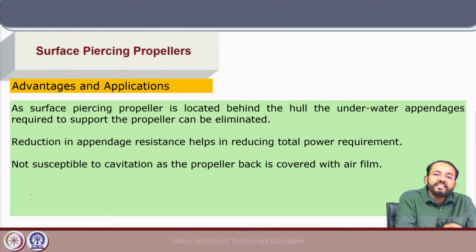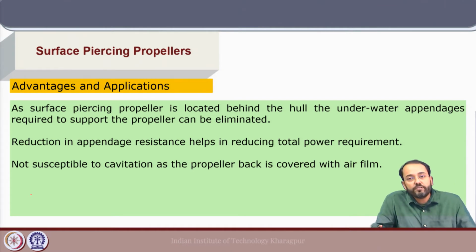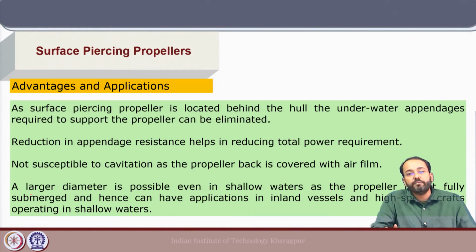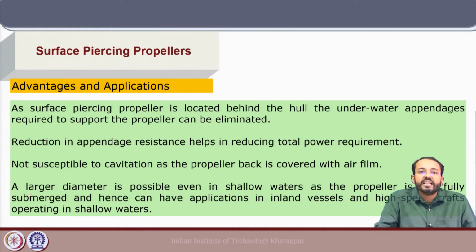Now, these surface piercing propellers are not susceptible to cavitation because the propeller back in the design condition is already covered with air film for the fully ventilated condition. And for surface piercing propellers, even in shallow waters, a large diameter is possible because the propeller is only partially submerged, and this allows surface piercing propellers to be applicable for inland vessels and high speed crafts operating in shallow waters, where we can have a higher diameter for shallow condition by designing surface piercing propellers.